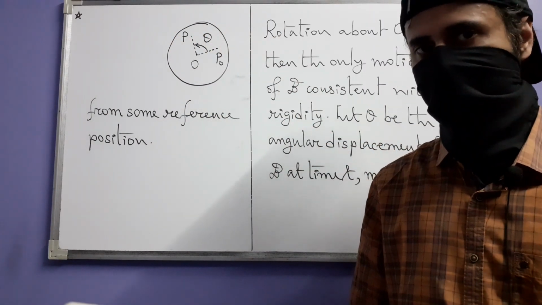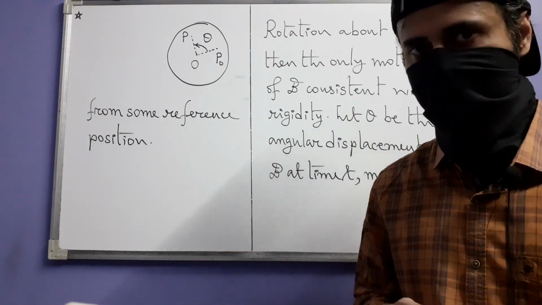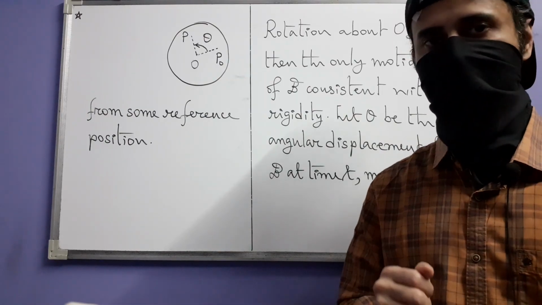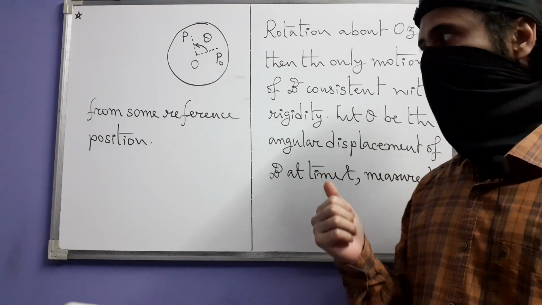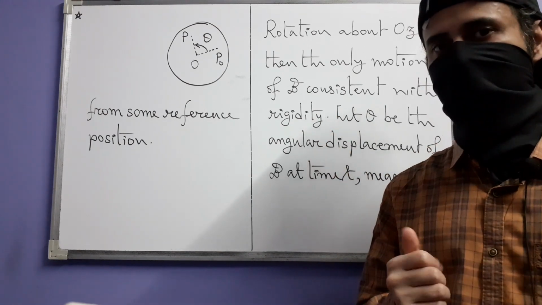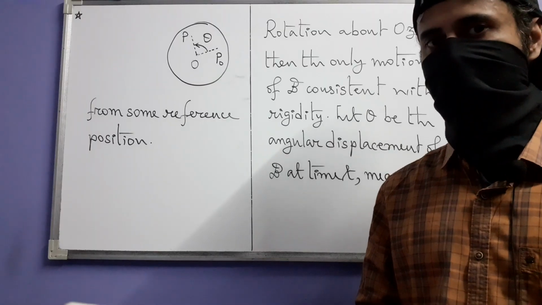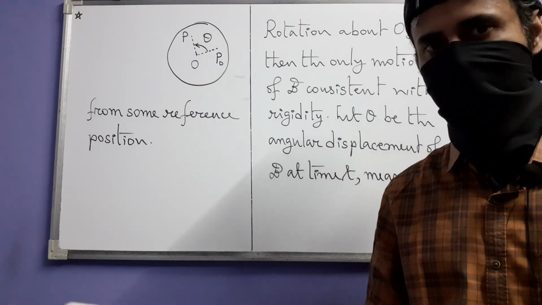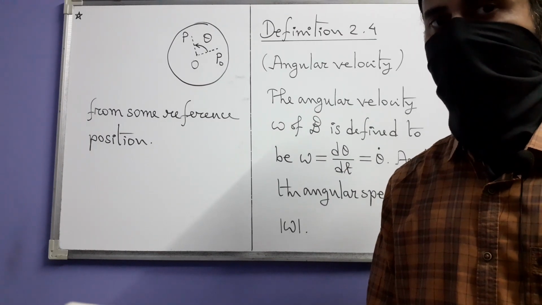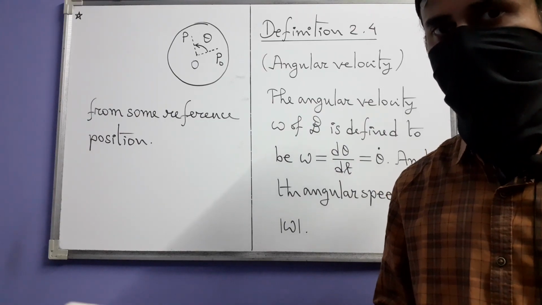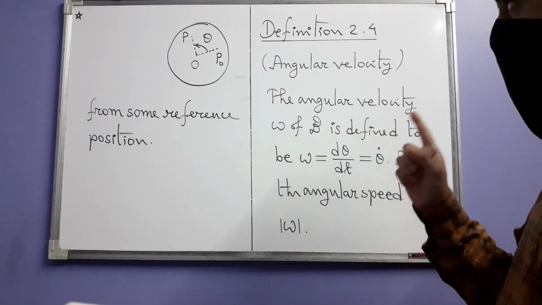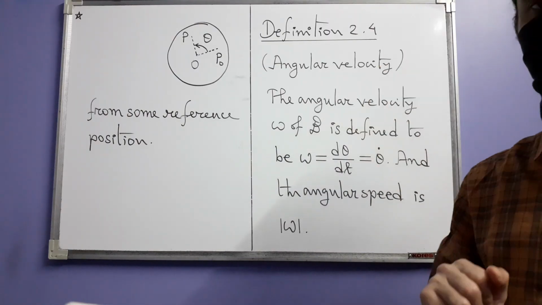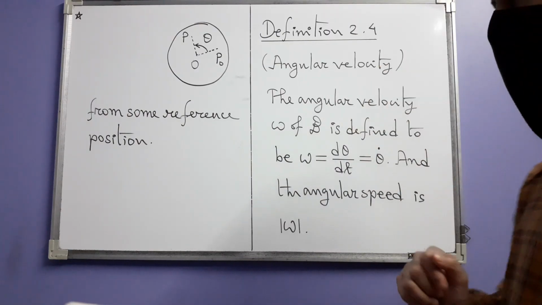In rectilinear motion, where the motion happens along a straight line, we have linear displacement x. If you remember, we discussed it back then. So this theta is the rotational version of that linear displacement. This one is angular displacement. Now just like we have linear velocity in rectilinear motion, here we have this definition of angular velocity.